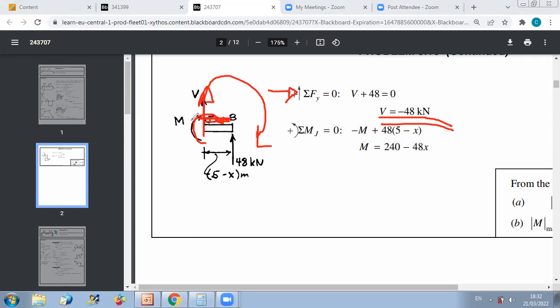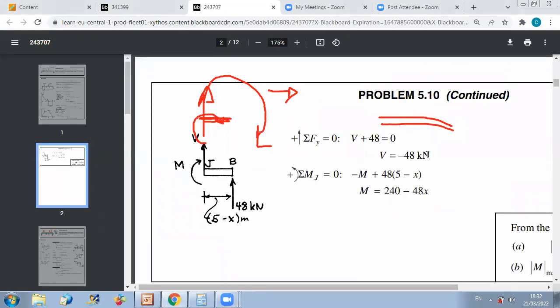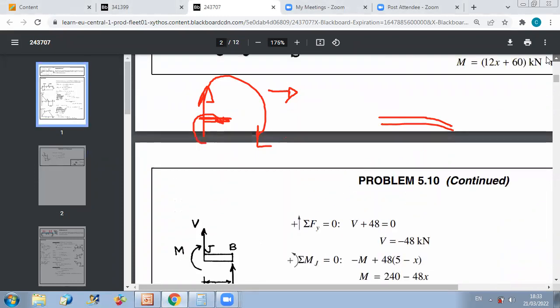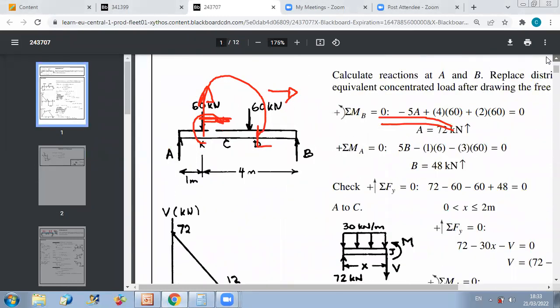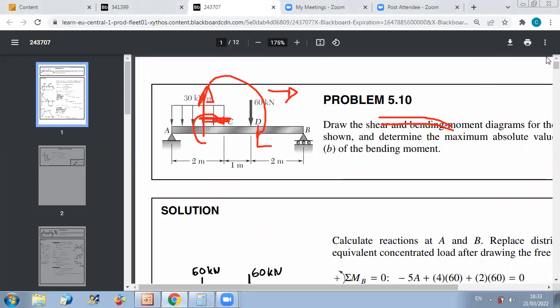Okay, so because I don't have any variation, then if you go back to the figure here, just the one of the load here, sorry, from D to B I mean. Okay, so from D to B, when you do the last section, you don't have any load variation from D to B. So you expect that the shear will not vary from D to B, which is not the case between A and C. Between A and C, you have a distributed load.